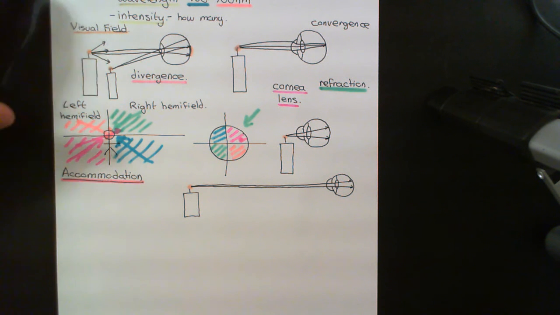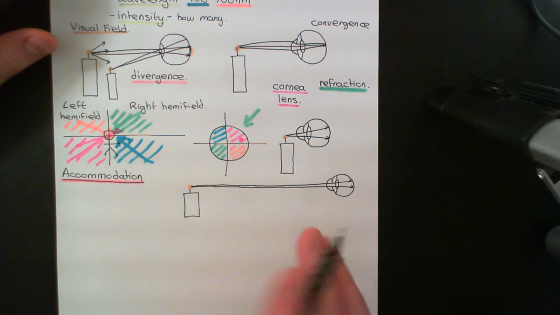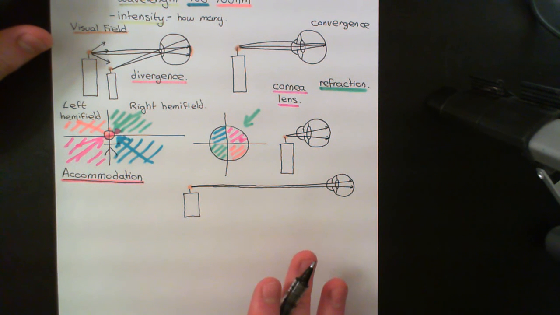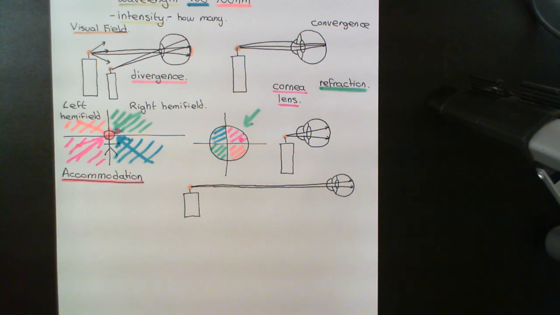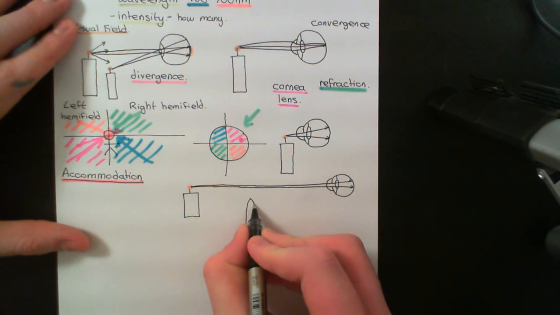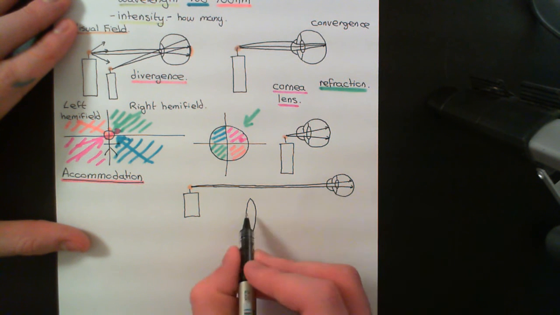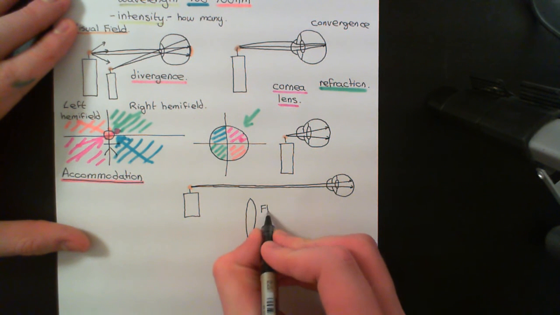Okay, so a few little facts then. When the ciliary body is not contracted, okay, so when the ciliary body is completely relaxed and therefore the lens is in its flat state. Okay, so the lens at the moment is in its completely flat state. So we've got the cornea and the lens in its flat state.